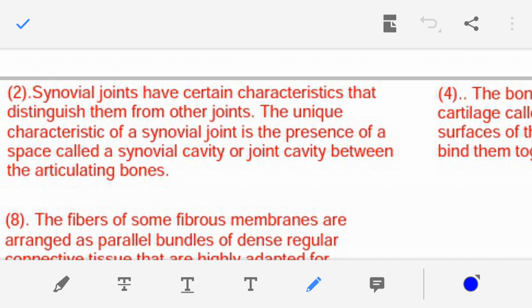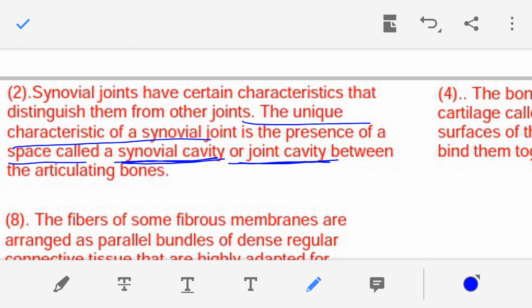The unique characteristic of the synovial joint is the presence of a space between the articulating bones, and this space is known as the synovial cavity or the joint cavity. So in the synovial joint, between the articulating bones, a cavity is present, and that cavity is known as the synovial cavity or the joint cavity.